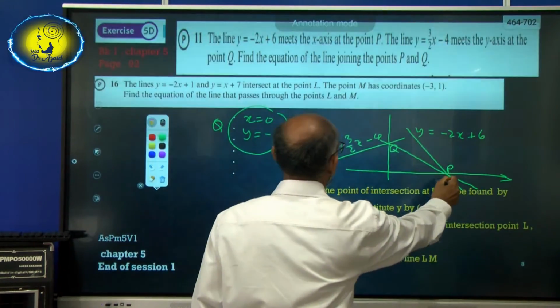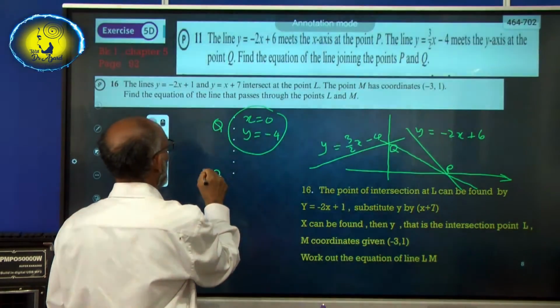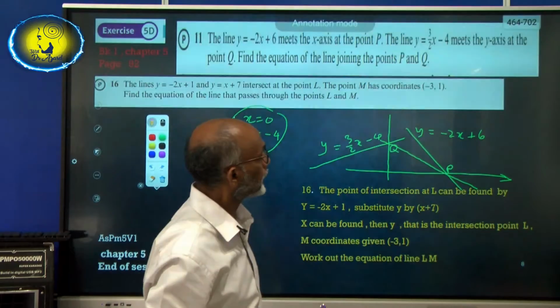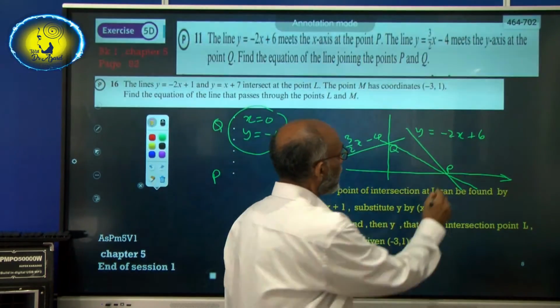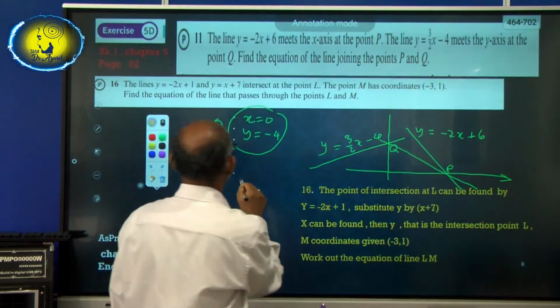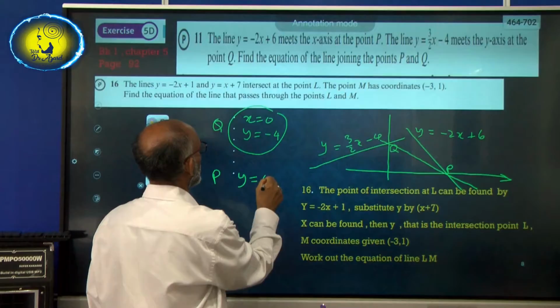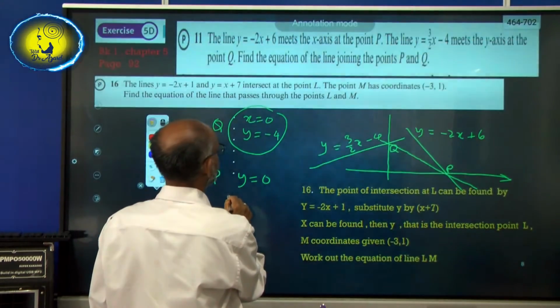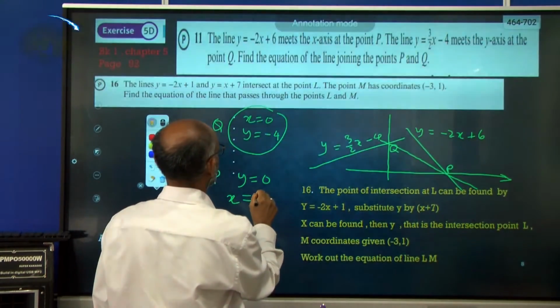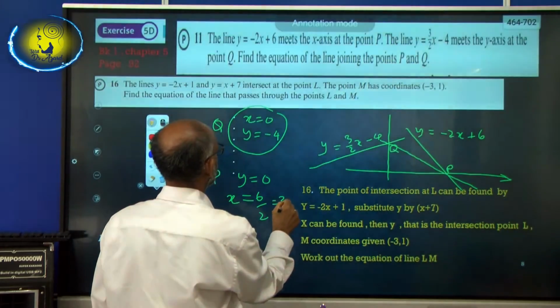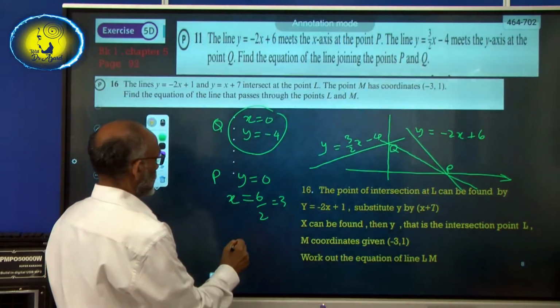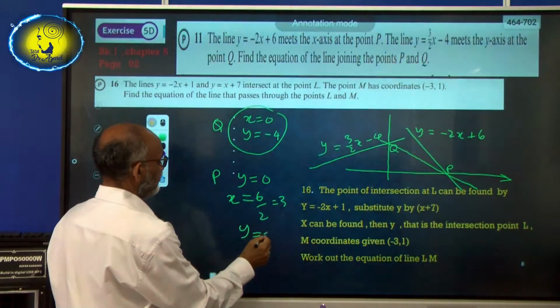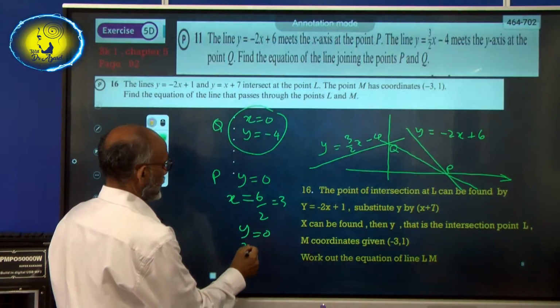To find the coordinates of P, when y is equal to 0, x is equal to 3.